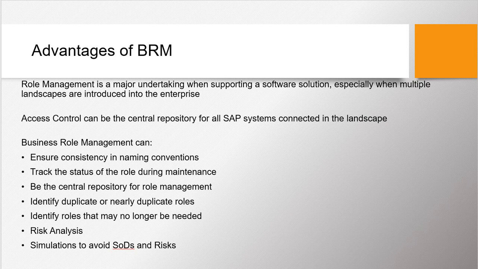Somehow, whether you implement BRM or not as a module, the backend roles from different systems need to exist in Access Control, which comes under the BRM module. The basic reason for this is that both tools use roles and attributes from the plugin systems, which are your backend systems, like ECC, Solution Manager, BI, CRM, and so on.